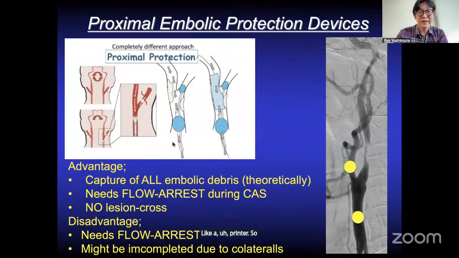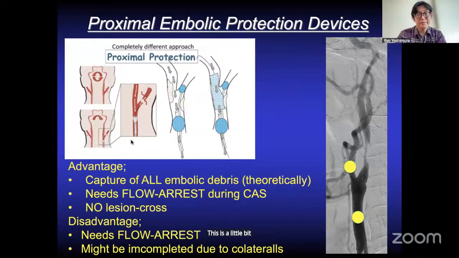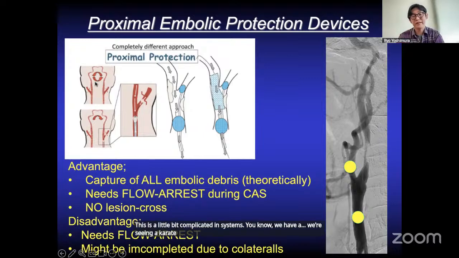So the second protection device, the proximal embolic protection device, is a little bit complicated system. We have Willis collaterals from left side to right side or right side to left side.